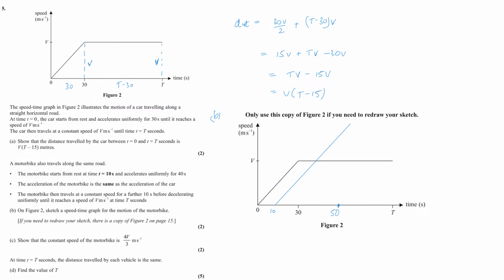It then does a constant speed for 10 seconds. So to the 60-second mark, and then it decelerates to be at V when T equals T, capital T. So it decelerates something like that. Obviously, if you went up a little bit less, it'd be crossing, and this would be a little bit shallower.